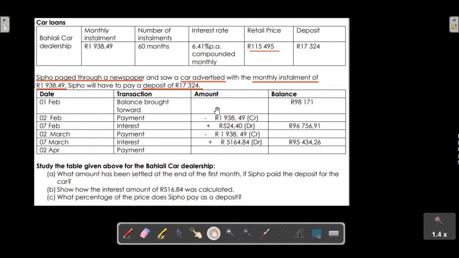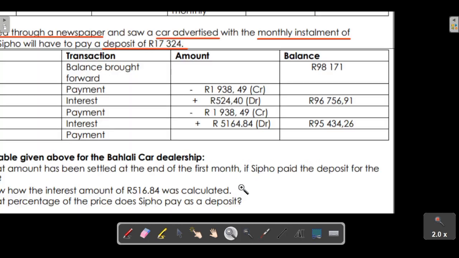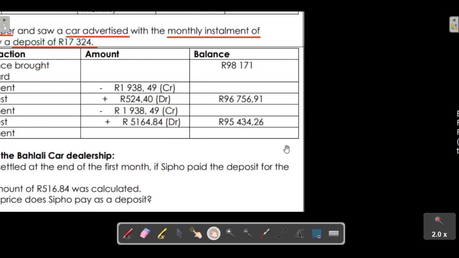So those are the terms, and over here we are provided with a transaction summary. Now guys, I know this can be very confusing for a lot of you. I think we should go through a bit of terminology.